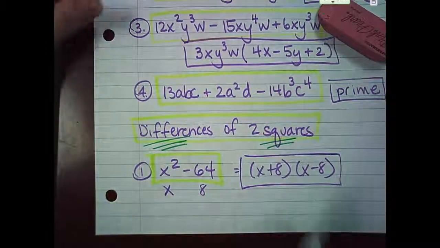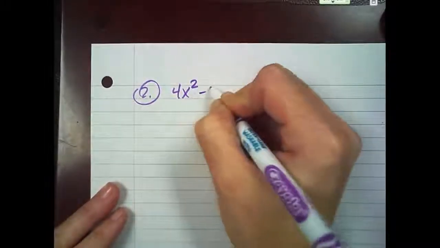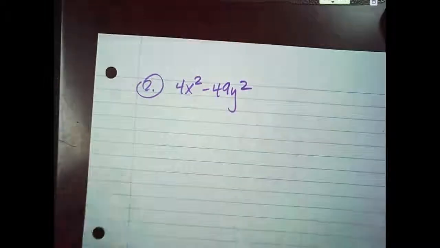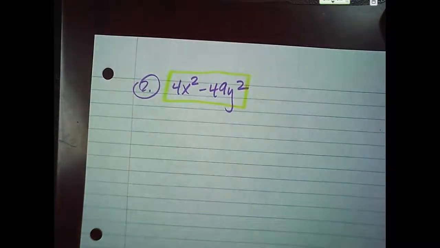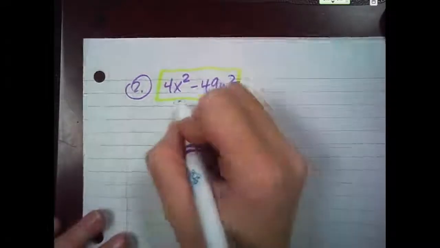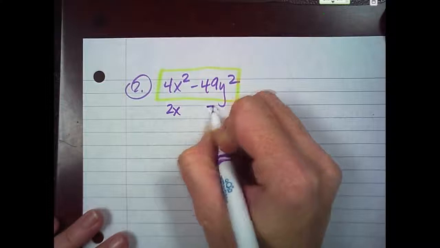The next one, number 2. Four x squared minus 49y squared. Again, two terms. What's in the middle? A minus. Good. That's the only way it works. Minus in the middle, two terms. Are they perfect squares? Yes. Okay, so this would be a 2x, and this is a 7y, right?